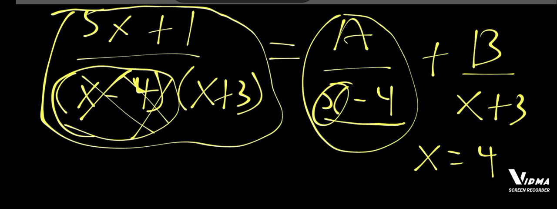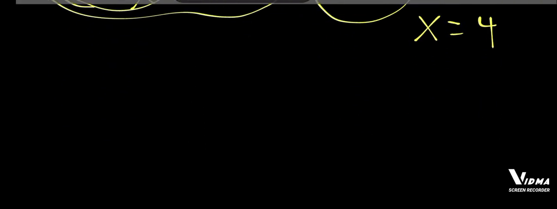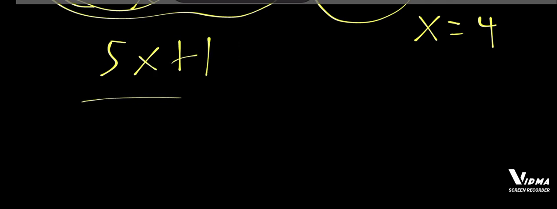So in the end, let me write it here. We are just going to have (5x + 1) over (x plus 3).